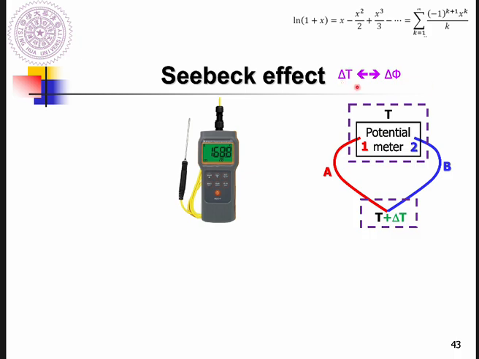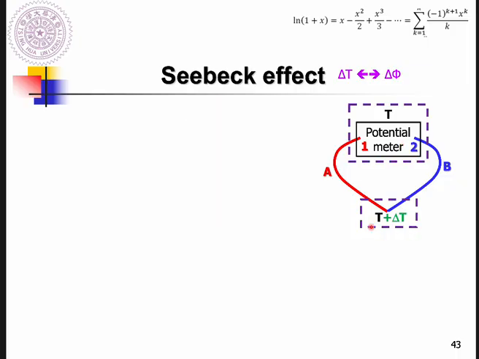So the idea is the relationship between the electrical potential difference and the temperature difference. We want to prove what the real relationship is between the electrical potential difference and the temperature difference for this thermocouple.